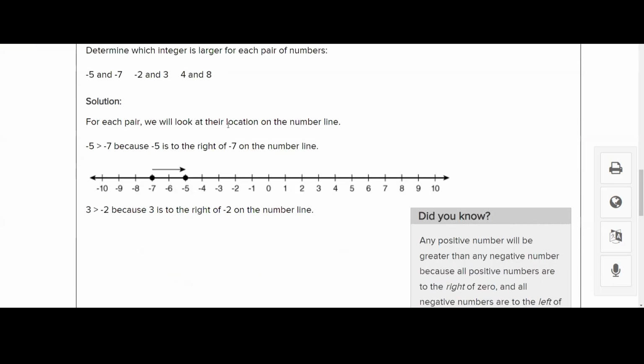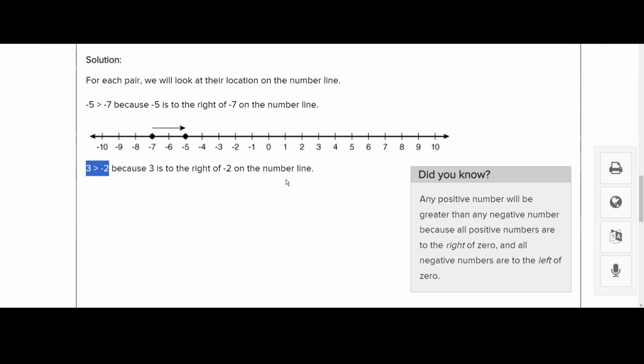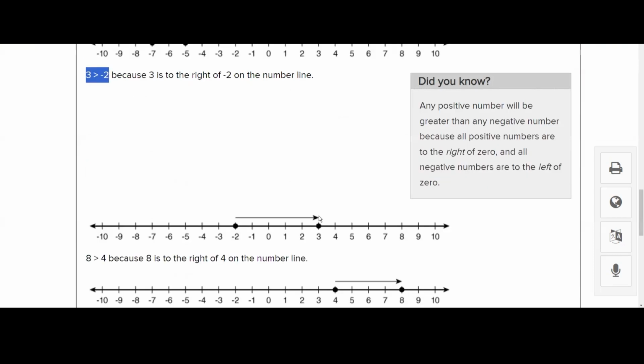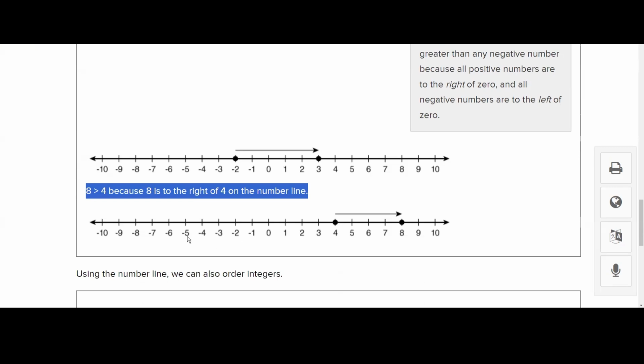For each pair, we look at their location on the number line. -5 is greater than -7 because it is to the right of -7 on the number line. 3 is greater than -2 because it is to the right. So the numbers to the right are greater. Is that clear? Yes. So 8 is greater than 4 because 8 is to the right of 4.